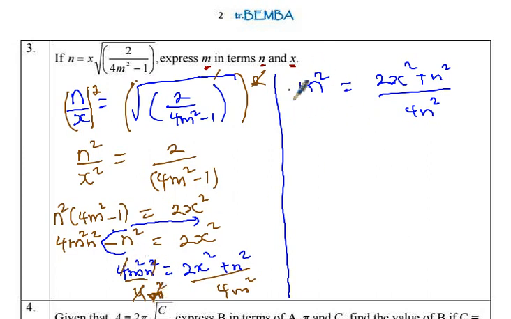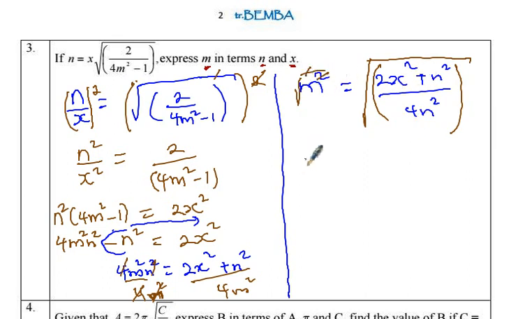Remember, we are interested in the m. And after that, since my m is squared, then I need to take the square root on both sides. And then the best thing to do is to have everything in brackets, so that I show that I'm taking the square root of everything here.